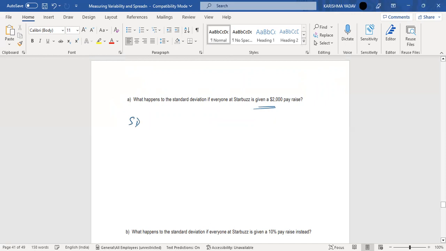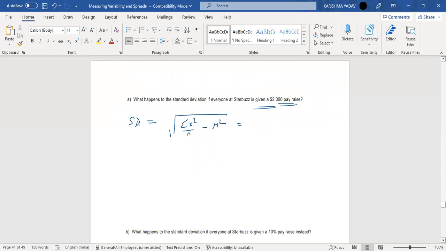So the standard deviation is actually root of sigma x square divided by n minus mu square. I can write it like this because it is the root of variance. Now it is saying what happens to the standard deviation if everyone at Starbucks is given a 2000 pay raise.